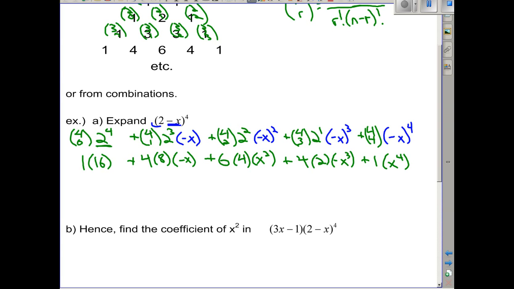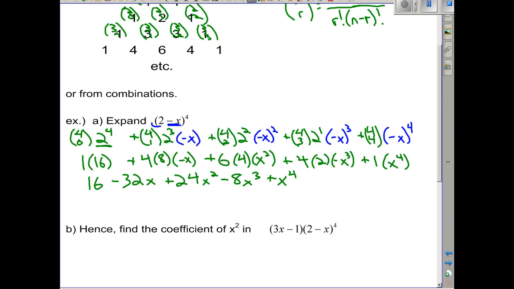Okay, let's multiply. 1 times 16 is 16, minus 32x, plus 24x squared, minus 8x cubed, and plus x to the 4th. There's the expansion.